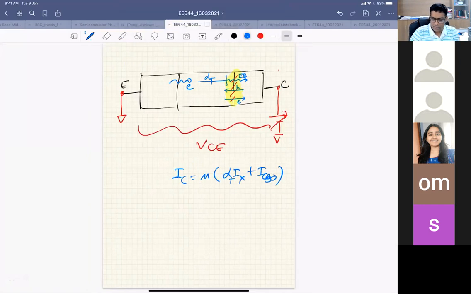Here I have electron-hole pairs going through this junction, so they will participate in the impact ionization process and create extra electron-hole pairs.